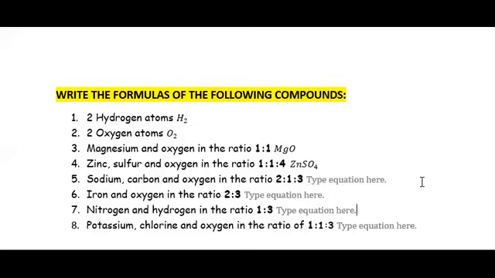Sodium, carbon, and oxygen in the ratio 2:3. And I want the rest of you to also try to answer. Michael, try this one fast. Sodium, carbon, and oxygen in the ratio 2:3.